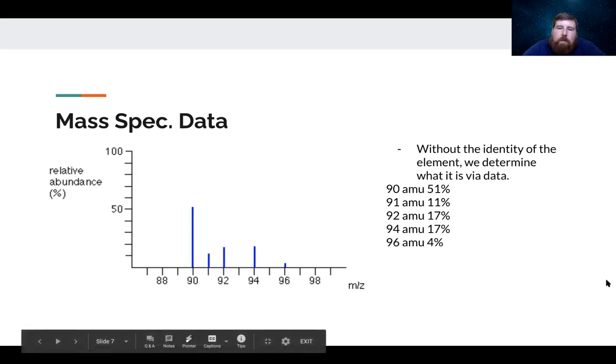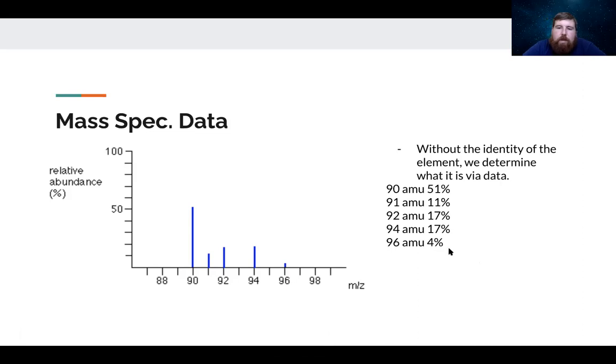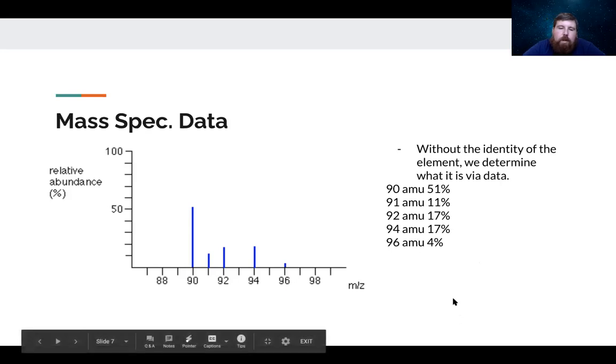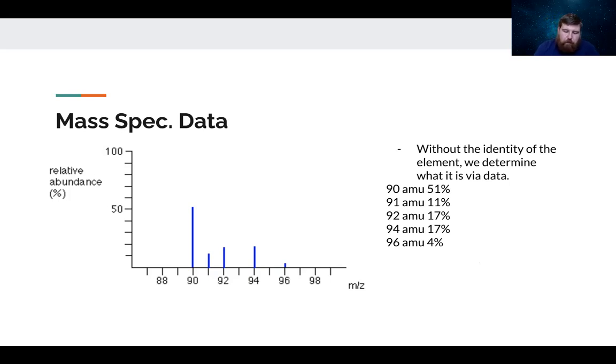90 times 51 plus 91 times 11 plus 92 times 17 plus 94 times 17 plus 96 times 0.04. And it looks like I didn't go ahead and do this. So why don't we go ahead and punch this out and see what we get. So 90 times 0.51 plus 91 times 0.11 plus 92 times 0.17 plus 94 times 0.17 plus 96 times 0.04.